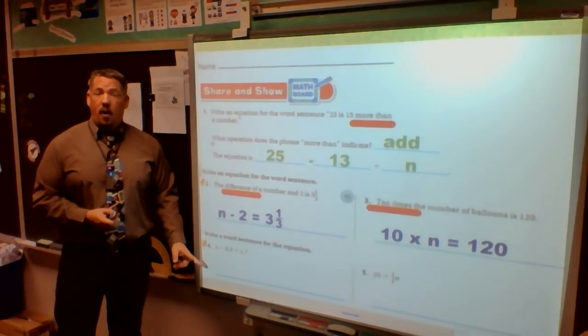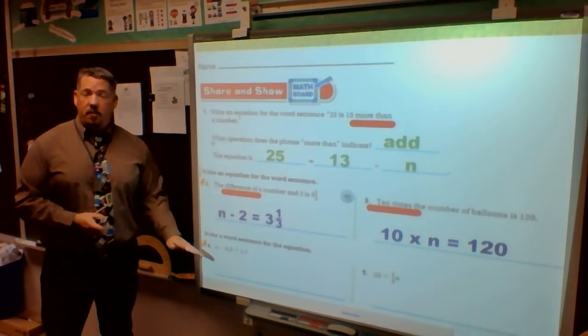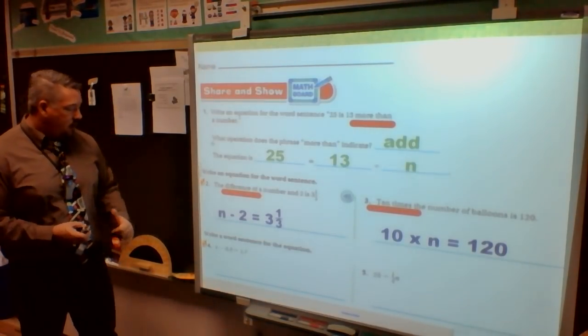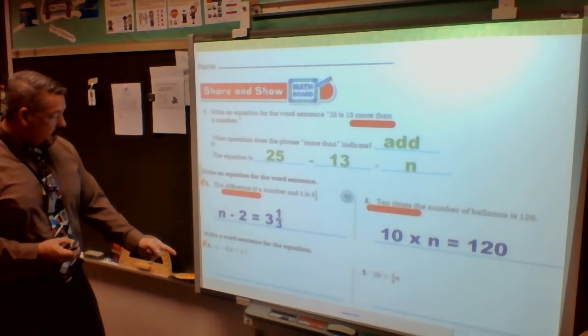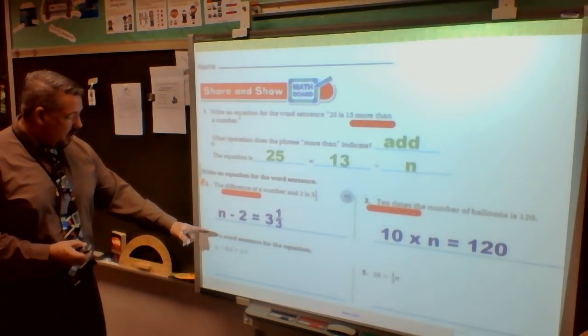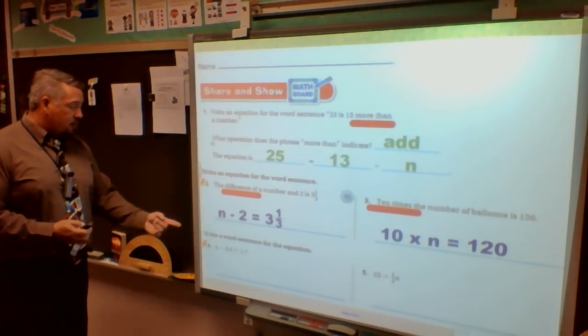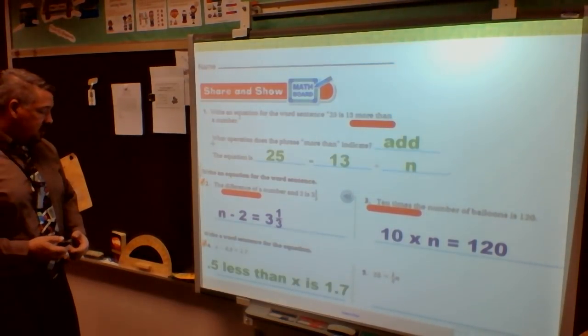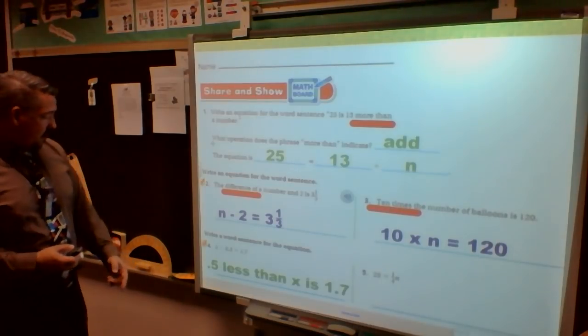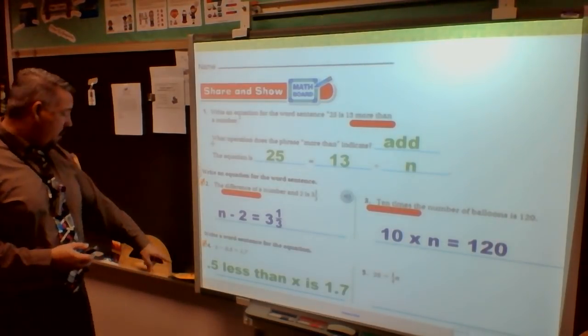But now I have to write it in reverse. You have to write it as a word sentence. So this is x minus 3/10 equals 1 7/10. So I have to start with my subtraction. Oh, I put a 5 instead of a 3. My apologies.